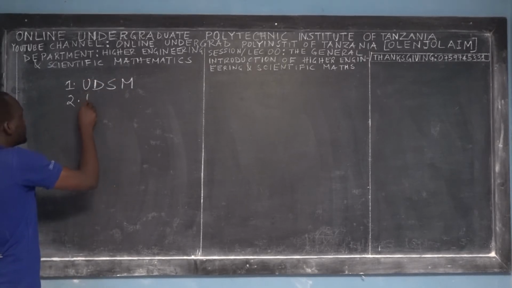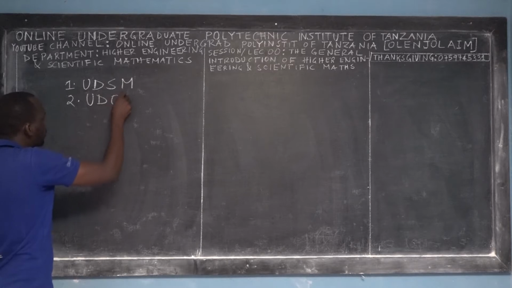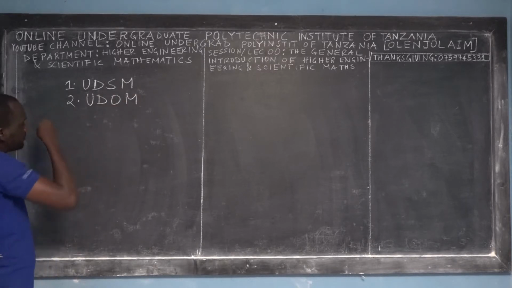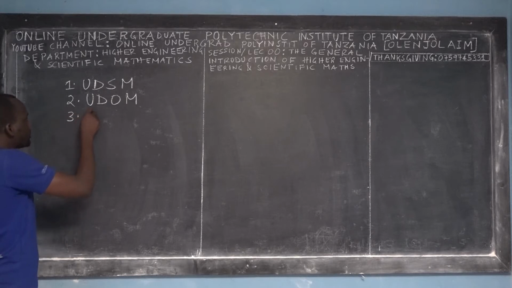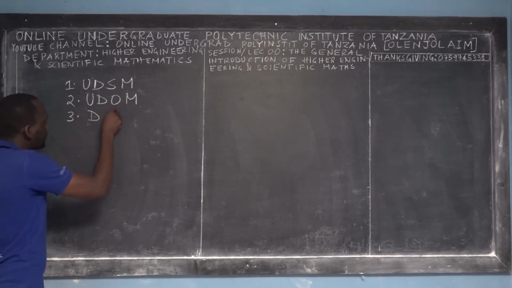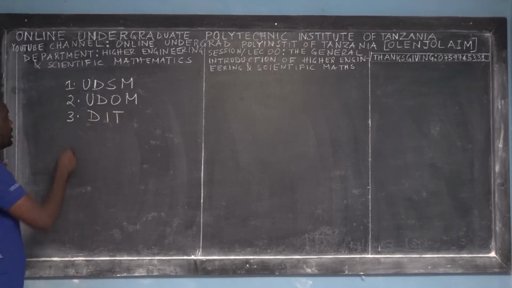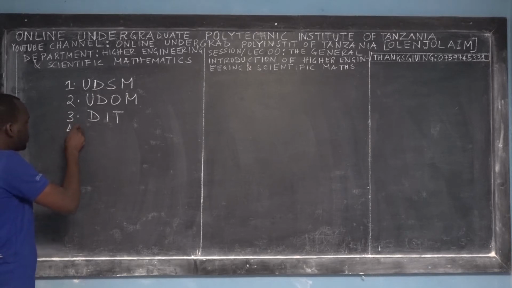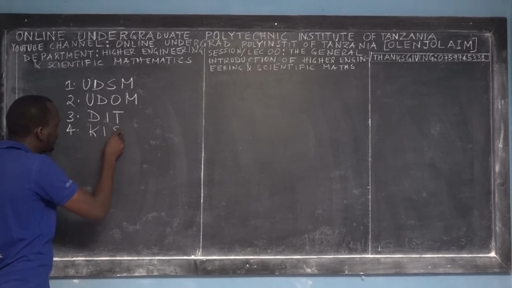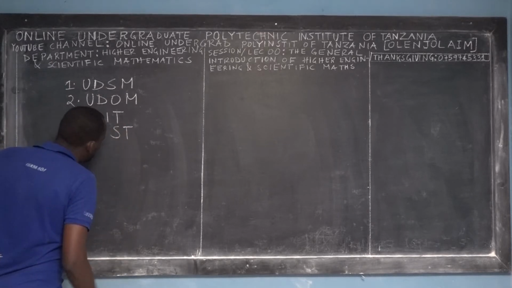And then the other one is the University of Dodoma, so UDOM, right? Again, we have some other institutions. It's called the Dar es Salaam Institute of Technology. This is DIT. And also we have another institution in Zanzibar called the Karume Institute of Science and Technology.